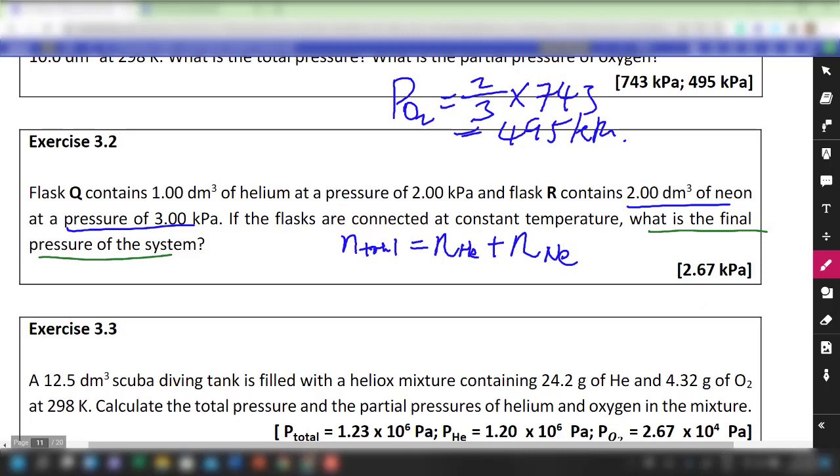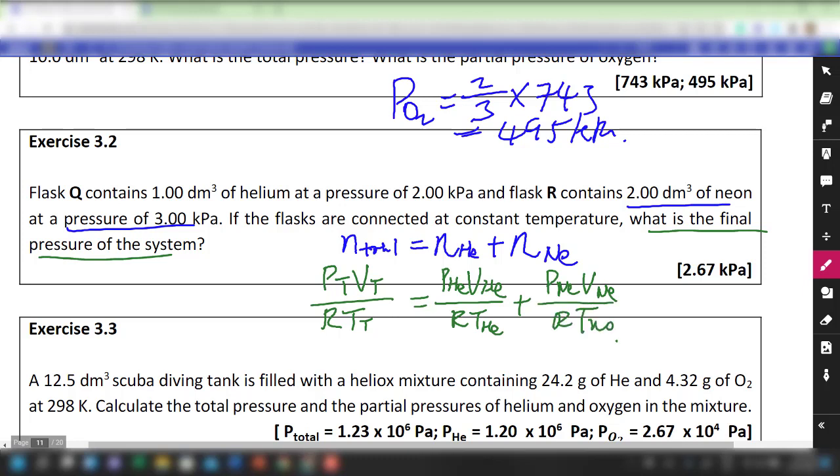So from here, I get P total V total over R T total, equals P helium V helium over R T helium, plus P neon V neon over R T neon.